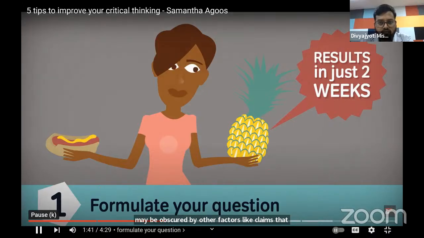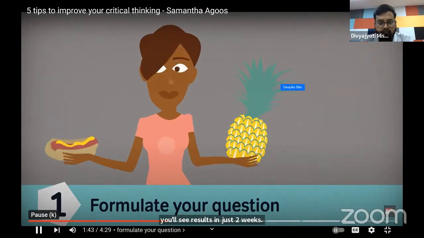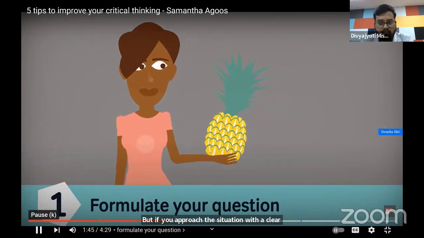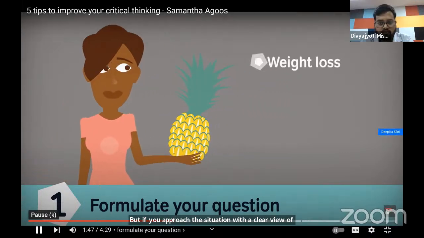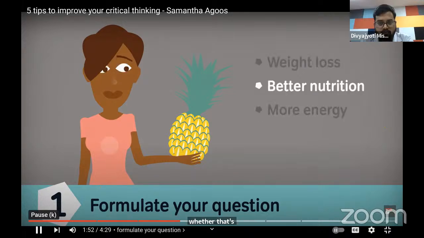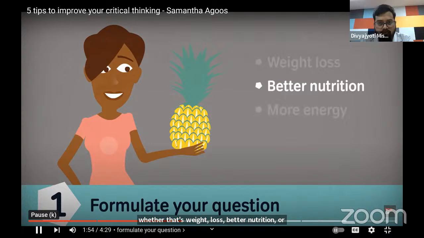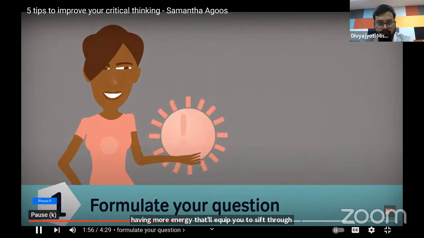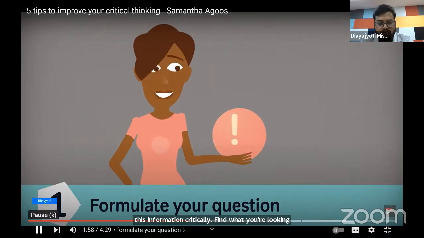But if you approach the situation with a clear view of what you're actually trying to accomplish by dieting, whether that's weight loss, better nutrition, or having more energy, that'll equip you to sift through this information critically, find what you're looking for, and decide whether the new fad really suits your needs.